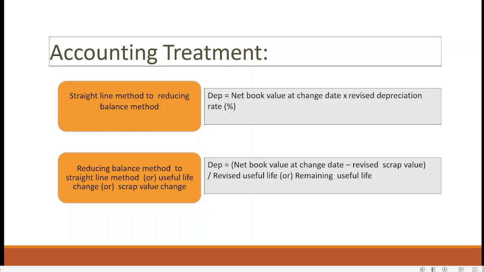If you know that a certain asset, let's say a die, can produce only 10,000 pieces of products, and you know that in the first year you will only be able to sell 1,000, in the second year 2,000, the third year 5,000, and the fourth year another 2,000 only, because that's the left value of the die, so you will charge the depreciation according to the production schedule, not as per the straight line or the written down value. So this is another method.